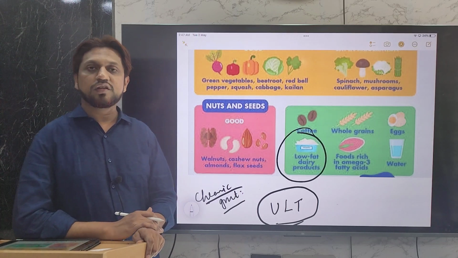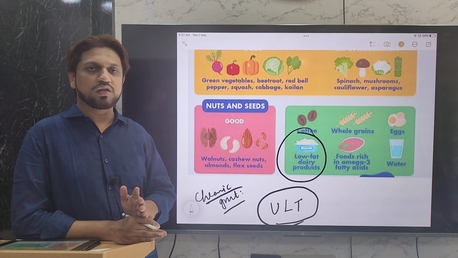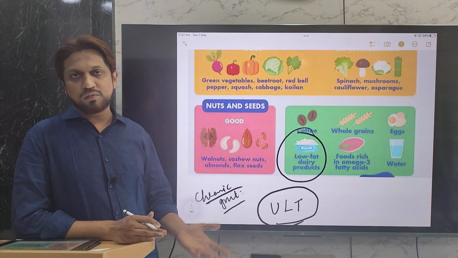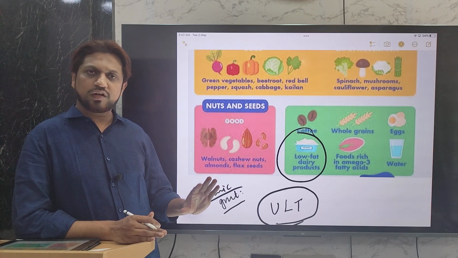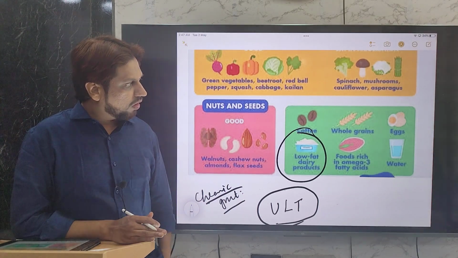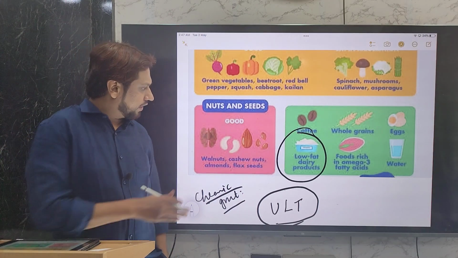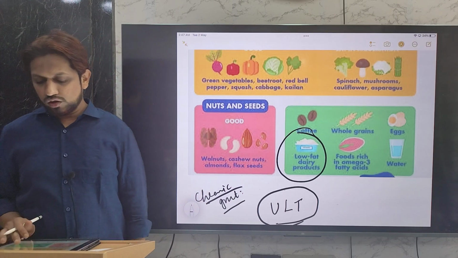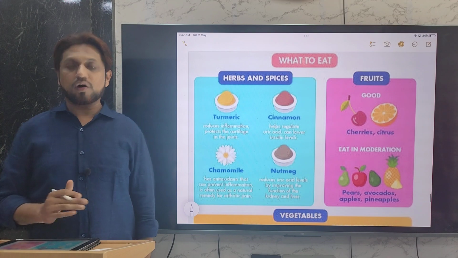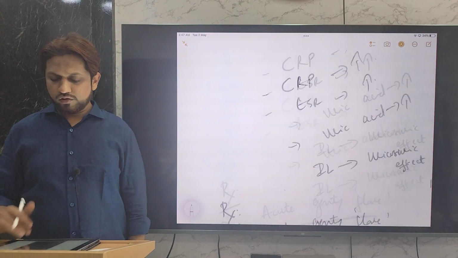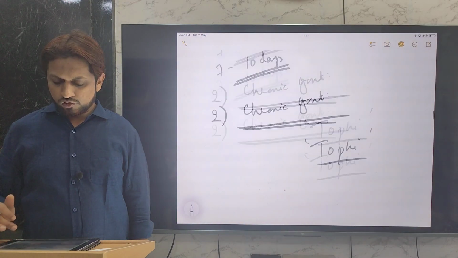In some research there is an inverse relationship between low fat dairy products and the incidence of hyperuricemia, that is, uric acid level is decreased with dairy products. Then also eggs, whole grains, nuts and seeds, walnuts and all will be a useful diet for controlling gout.